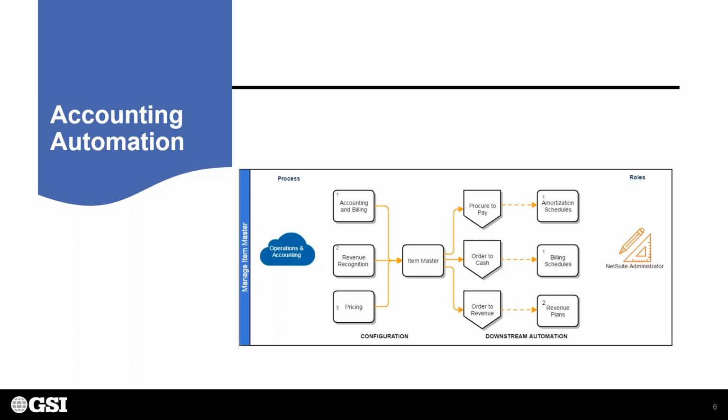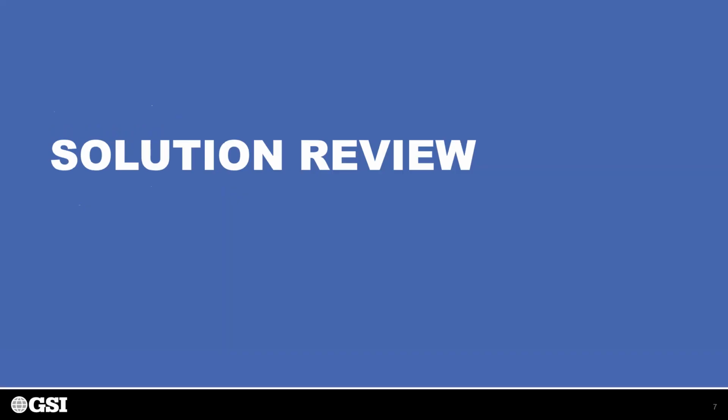NetSuite has a very robust capability there, and a lot of clients really get a lot of value out of that because it frees up quite a lot of their financial resources and time from having to go through the details of administering revenue recognition entries.